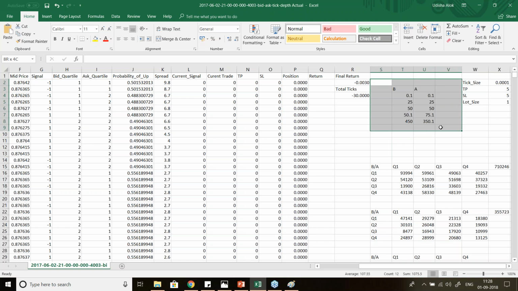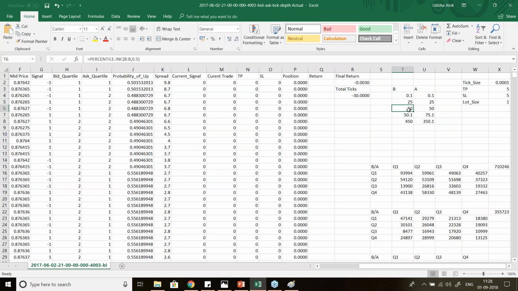So we have the bid and ask. We have divided equal number of instances into 4 quartiles: 25 percentile, 50 percentile, 75 percentile, 100 percentile. So we have got the volumes on the bid side that separate every 25% of observations.